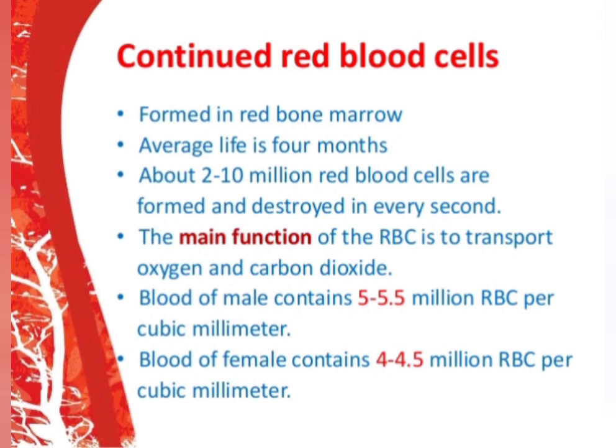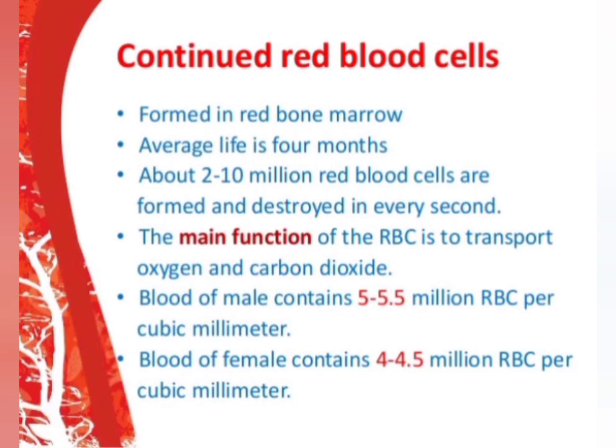The main function of RBC is transportation of oxygen and carbon dioxide. RBC shows this property because of having hemoglobin, because hemoglobin binds with oxygen and this hemoglobin is present in RBC. If we remove the hemoglobin from the RBC, then RBC cannot bind oxygen.